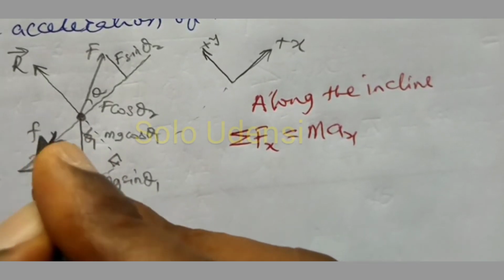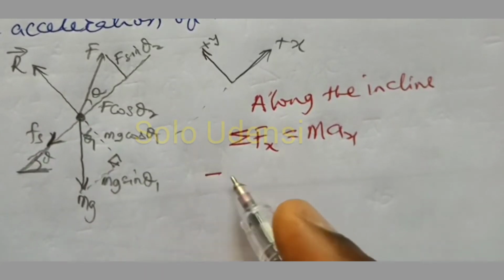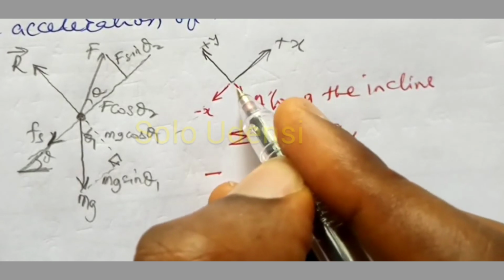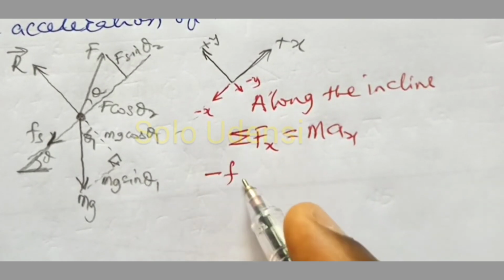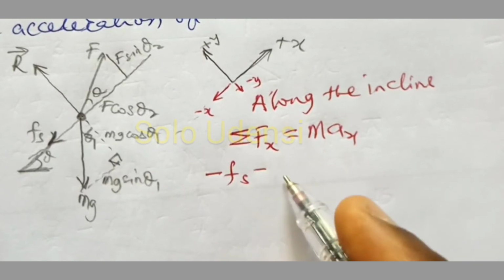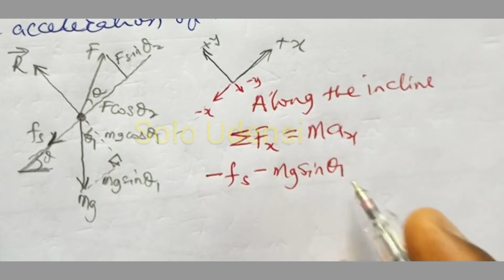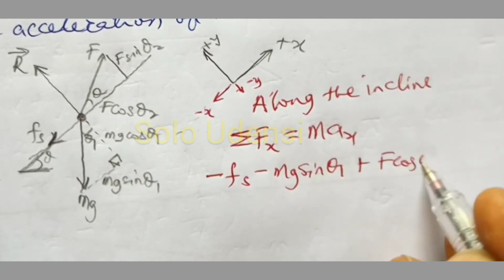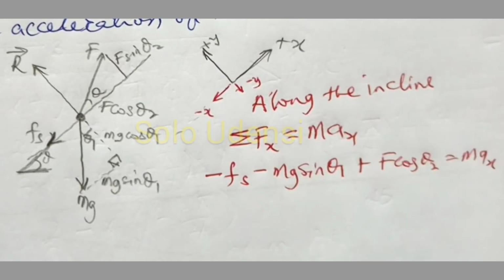Since anything this way is minus x, we have minus Fx minus mg sine θ1 plus F cos θ2 is equal to max.